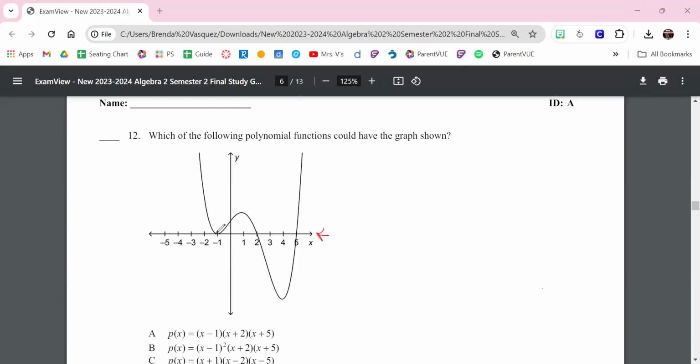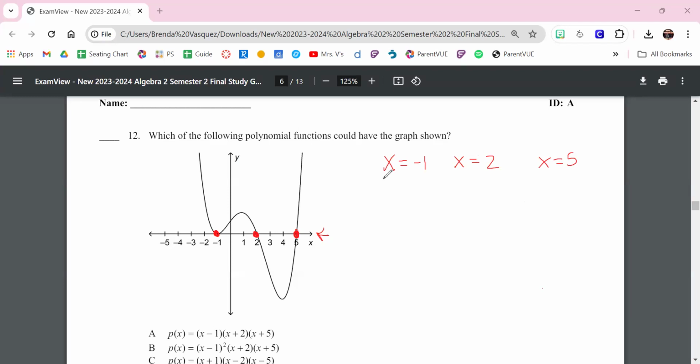So it has one intersection here, another intersection here, and the last intersection here. So it has x equals -1, x equals +2, and x equals +5.